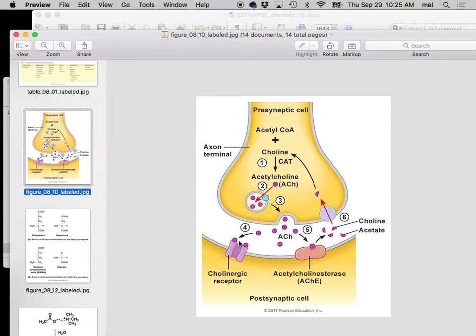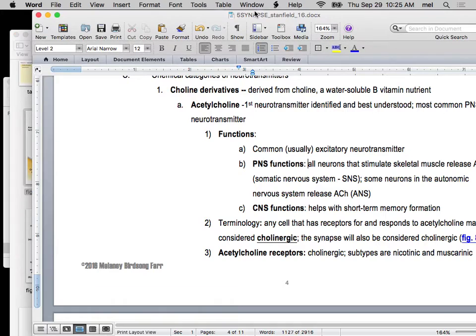So now I don't have to say, when I'm talking about this, that the synapse makes, binds to, releases, and breaks down acetylcholine, because I can just say it's cholinergic. So the receptor is cholinergic, and the synapse is cholinergic. So cholinergic receptors, cholinergic synapses. So let's talk briefly about those synapses.